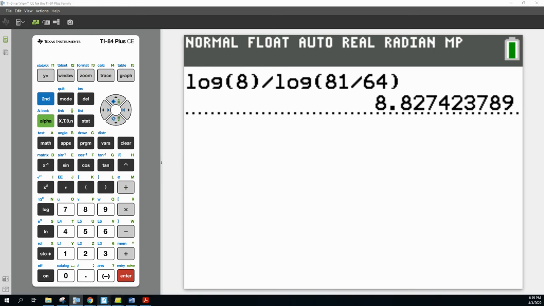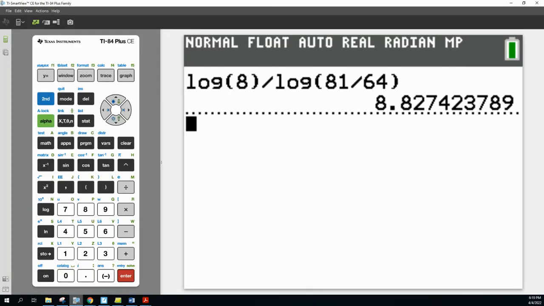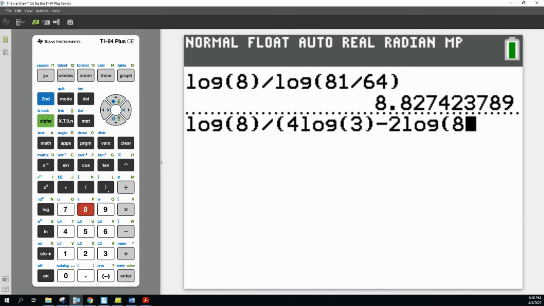Now if I wanted to plug in this one, we just want to be careful because of the use of parentheses. So we have log of 8, close your parenthesis, divided by. You have to have an open parenthesis first if you're going to be doing it not condensed. So we have an open parenthesis, 4 log 3, close that parenthesis, minus 2 log 8, close that parenthesis again.